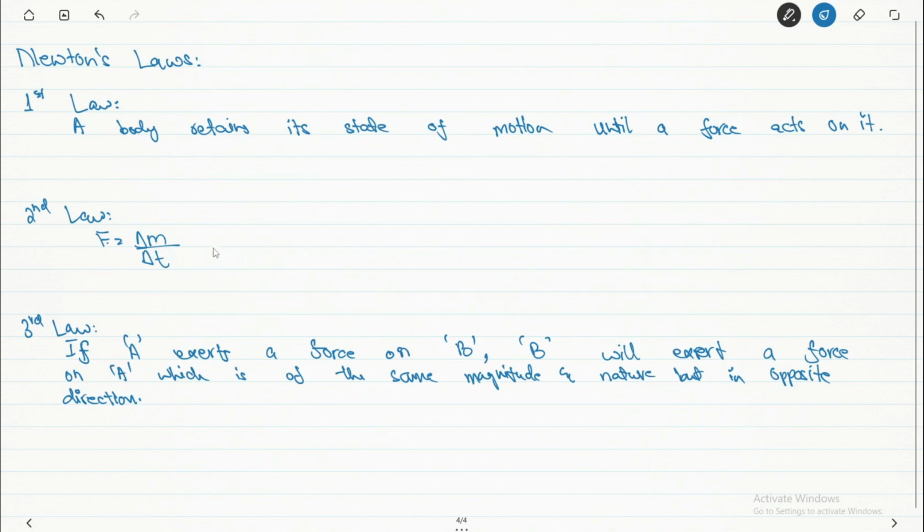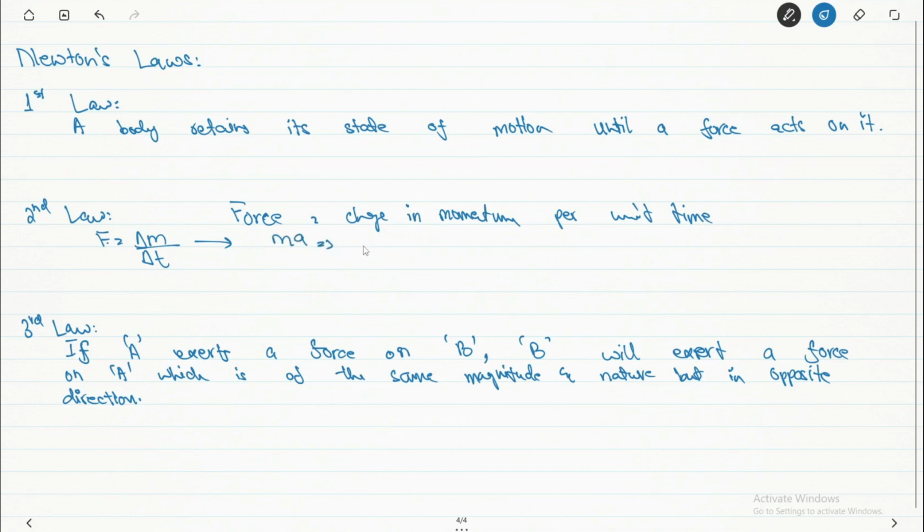Now, the second law is a little bit changed, which is force is equal to change in momentum per unit time, right? So however much the momentum has changed in however much time, that is the force. And we can show this from the original formula, which is ma, right?